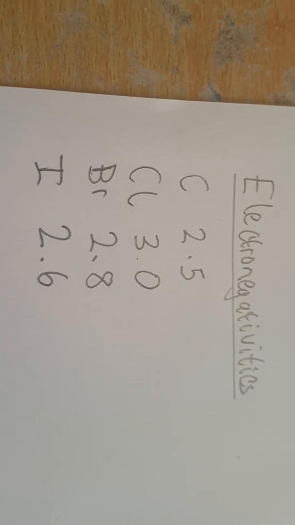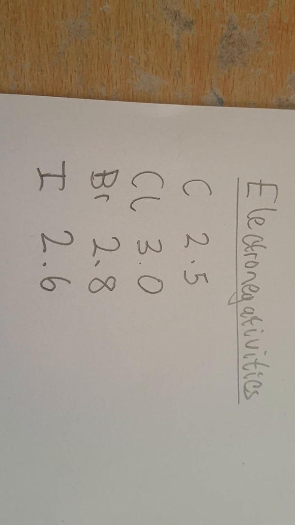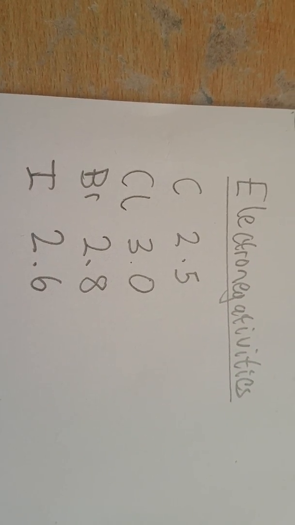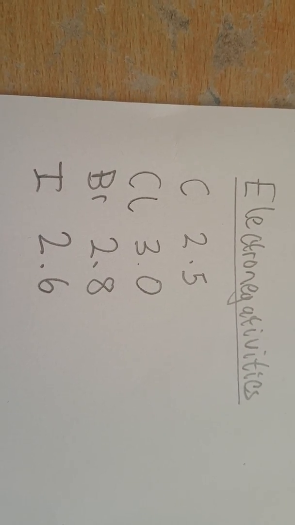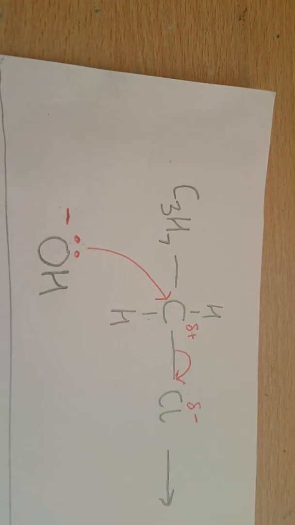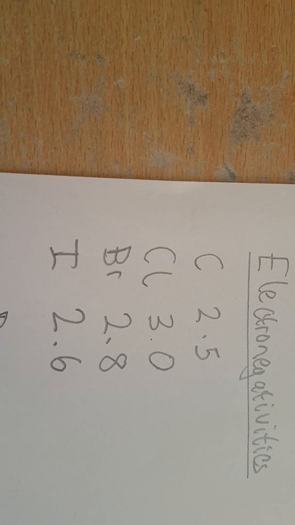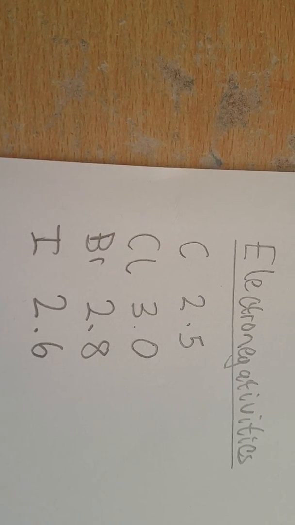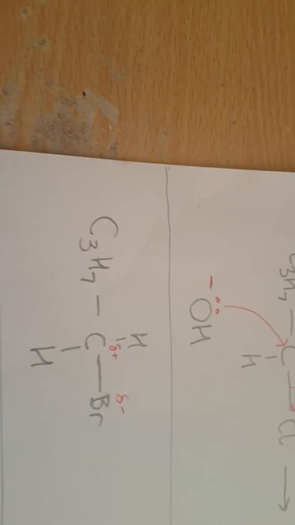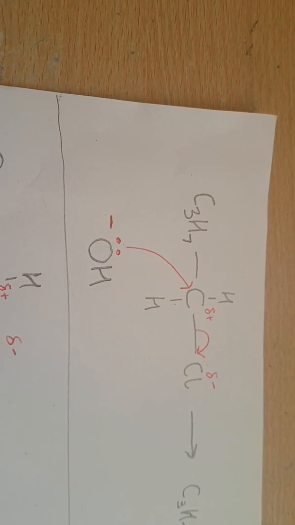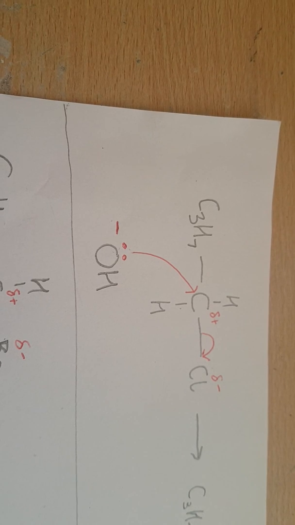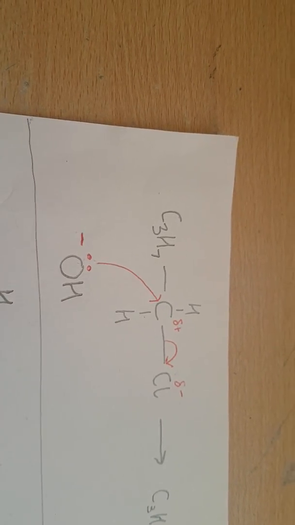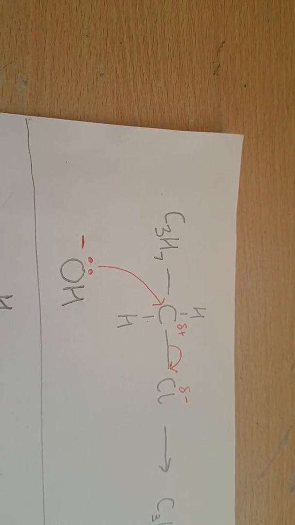Okay, now hopefully you have worked out that in chlorobutane, the difference in electronegativity between the C and the Cl is relatively large, meaning a relatively large delta plus and delta minus, or a relatively large dipole in that compound.